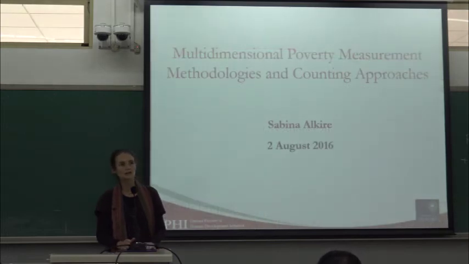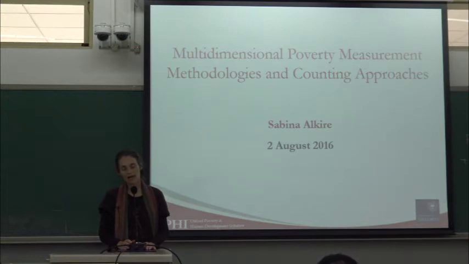So this lecture really draws on chapter 3 of the book and chapter 4. And these were very daunting chapters to write. What they do is they survey different ways of looking at multidimensional poverty that have been used over time and assess them in terms of a few key criteria.